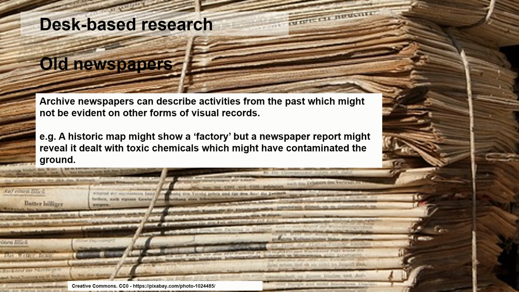So for instance, a map might have shown the word factory, but the newspaper might show it was a munitions factory, in which case you might have to do some survey work to make sure that there's no dangerous materials or contaminated ground there. But you would only find that out from this historical record.